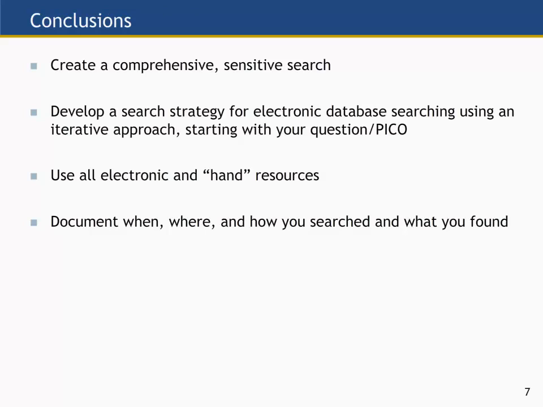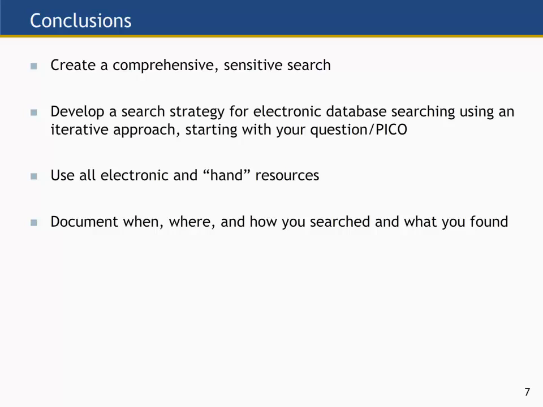In conclusion, thank you very much for your time and attention to this lecture. We have covered the various components that go into creating a comprehensive, sensitive search to support your systematic review and meta-analysis. That includes developing search strategies for large electronic bibliographic databases.